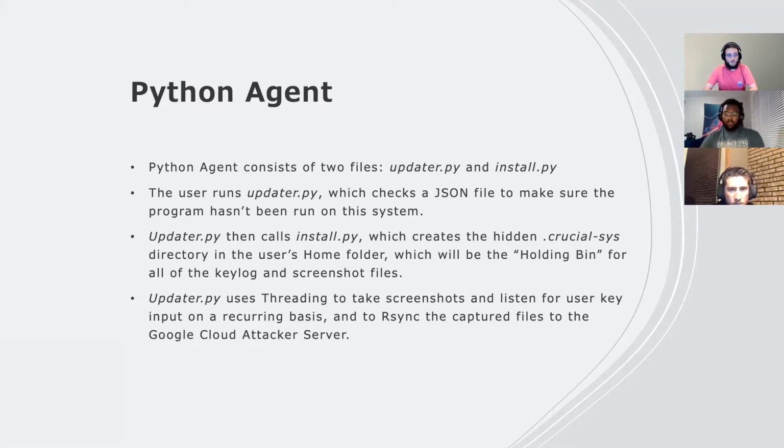And like we said, that's the holding bin for all of the keylog and screenshot files. And updater.py uses threading to take screenshots and listen for user key input on a recurring, never-ending basis. The script is never supposed to stop unless there's a reboot. And it rsyncs all of the captured files to the Google Cloud attack server for attacker consumption.